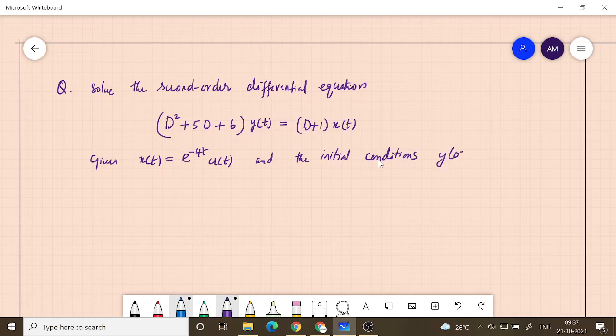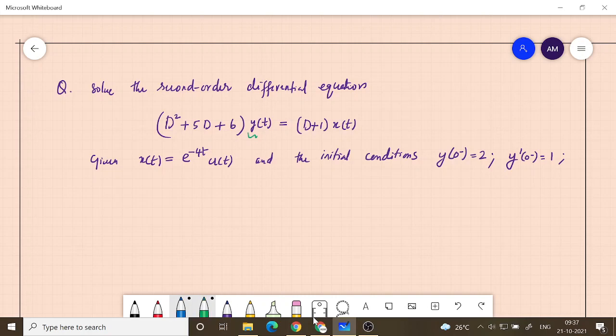That is, the value of y of 0 minus is given as 2, and one more initial condition is given. Because it is a second order system, you need two initial conditions, so that is given as y dash of 0 minus equal to 1. So this is the problem. Our aim is to find out y of t, which is the output.